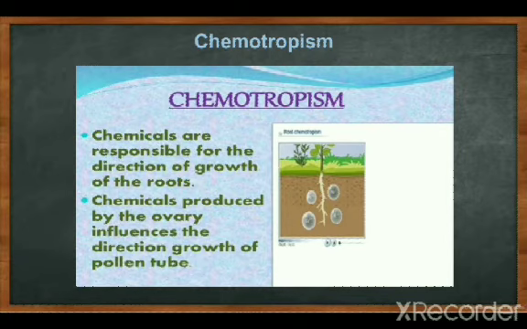As you saw in class 7, you have to know about the pollen grain, pollen tube and stigma and all the things. So the movement of the pollen tube in the female part, the style, is basically chemotropism. Basically what was it? Chemotropism. Okay.